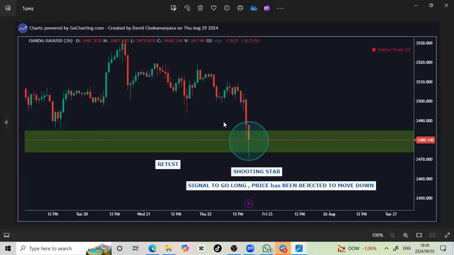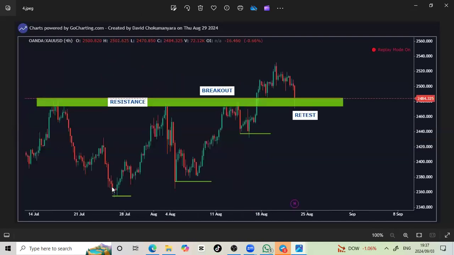Okay. So this is another scenario, a price action strategy. So basically, what I'm trying to say in all these clips is this: how price approaches a resistance or a support matters. You see, price was approaching this resistance in this manner.